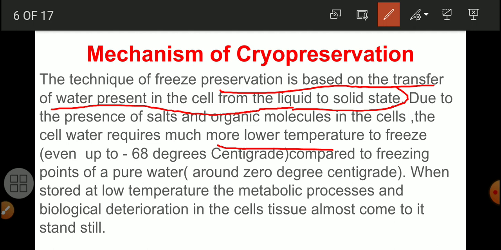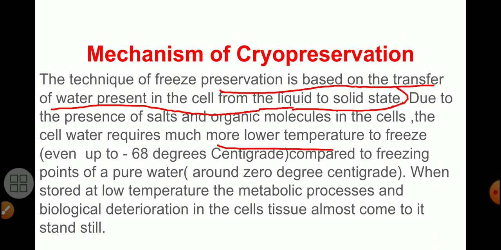Organic molecules are there, proteins are there, carbohydrates are there, lipids are there, and because of that, a lower and lower temperature is required for conversion of the liquid present in the cell into the solid one. So you have to keep in mind that when metabolic changes take place, at that time we will be able to observe these things.